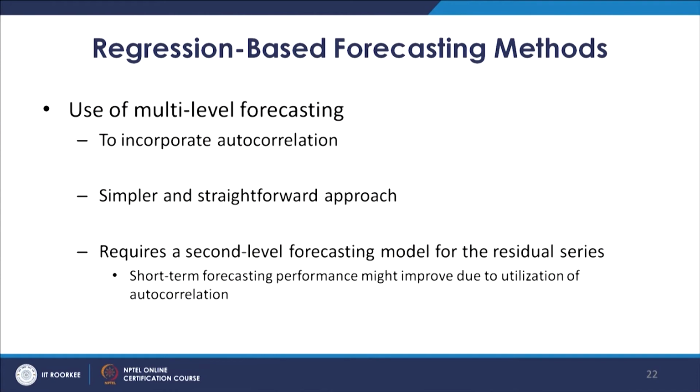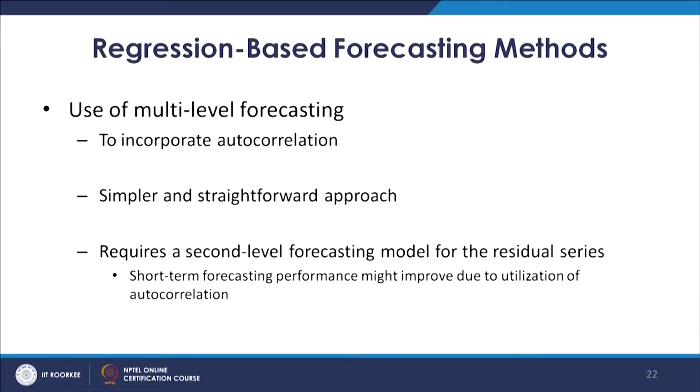Now, let us discuss another aspect, the use of multi-level forecasting, something that we discussed also. The main idea is to incorporate autocorrelation. Instead of using ARIMA, which is less robust and requires more statistical expertise, we can use multi-level forecasting to incorporate autocorrelation, a simple, straightforward approach.